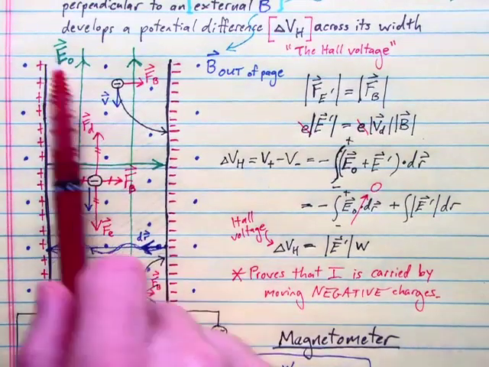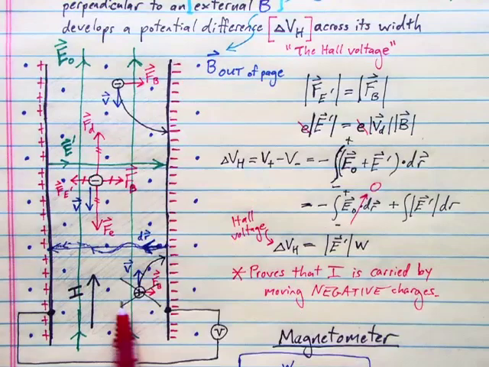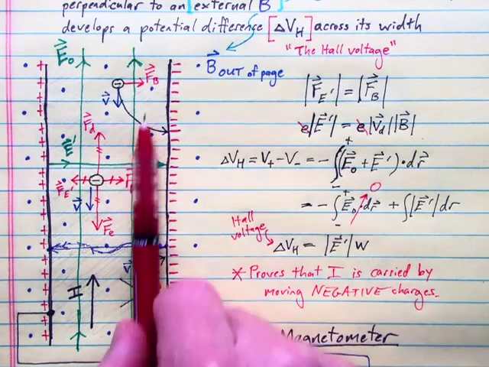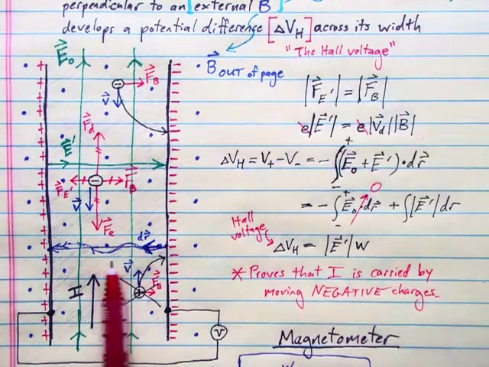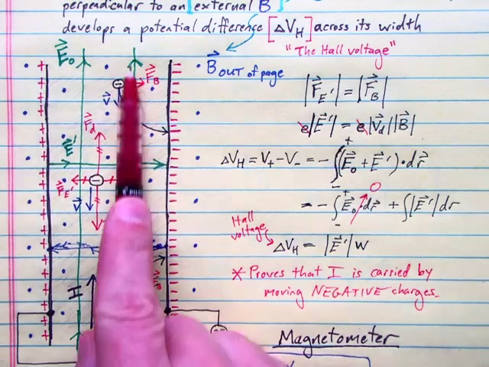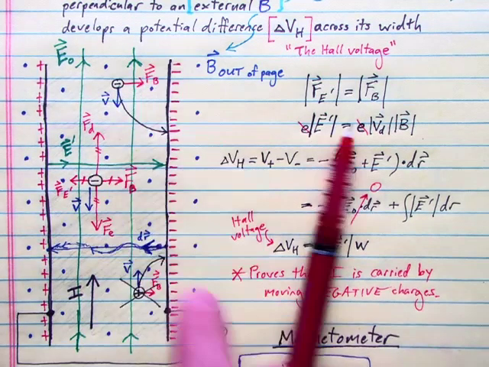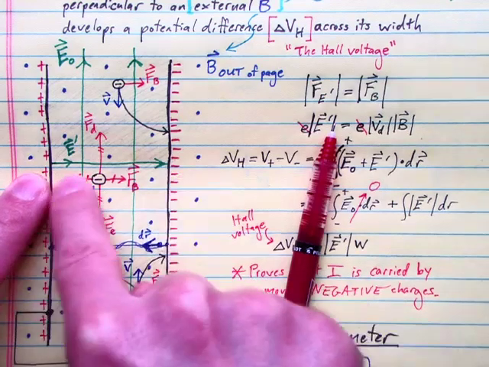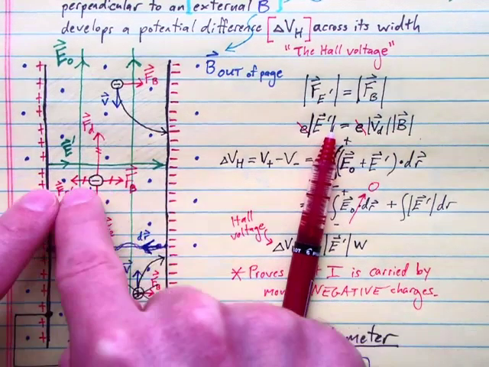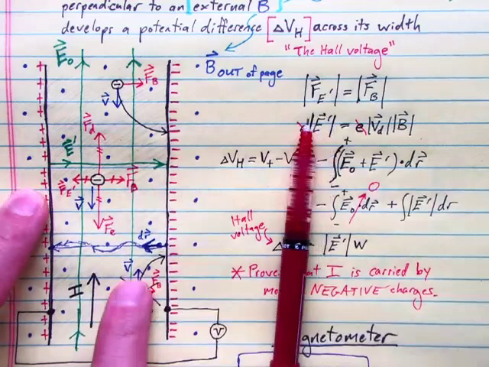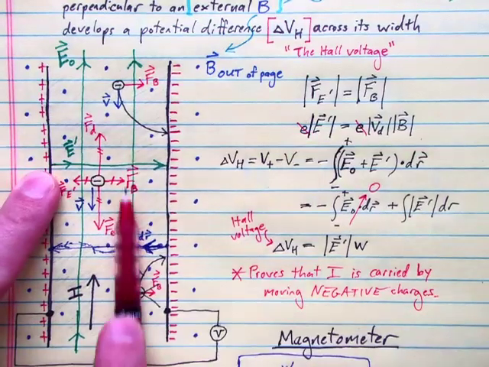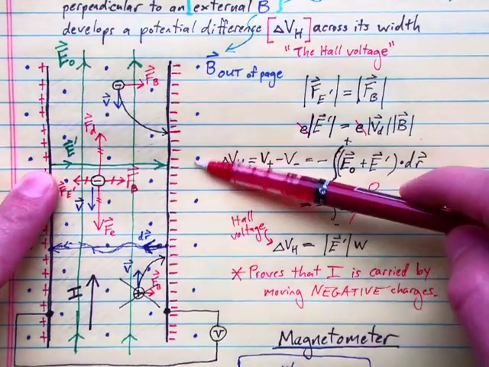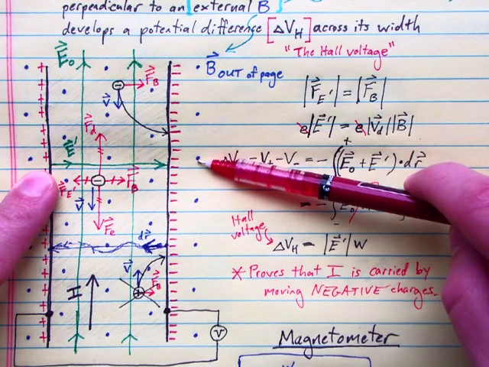That was when you have some wire here with a current running through it in the presence of some external magnetic field, and because of that current being driven by a power supply somewhere, we get a polarization across the wire in the direction perpendicular to the direction of the flow of current. So we have a polarized wire because of the current being driven through in the presence of this magnetic field.